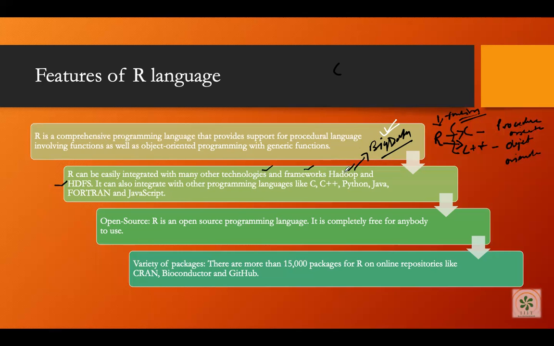Because they can easily integrate with Hadoop and HDFS, as well as R has the facility by which we can analyze different relational as well as different non-relational databases. So that's why it is very much famous.